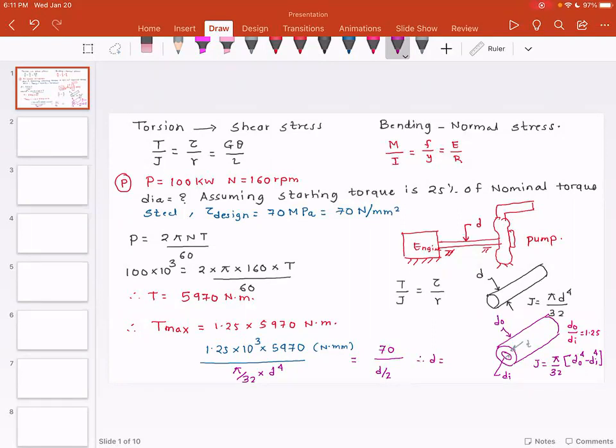I want you to look at this calculation, and my answer is 83 millimeter. So the shaft diameter is 83 millimeters. Any question on this problem?